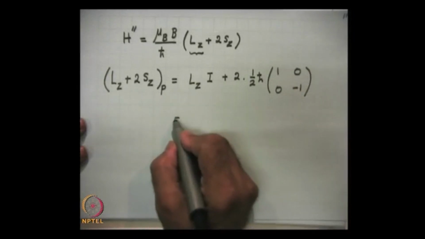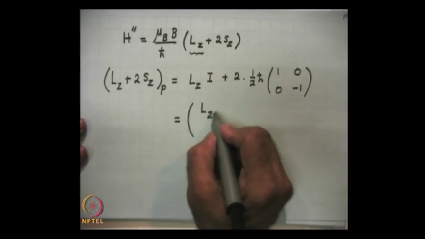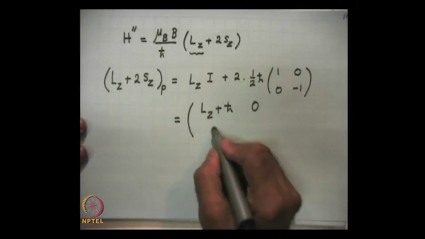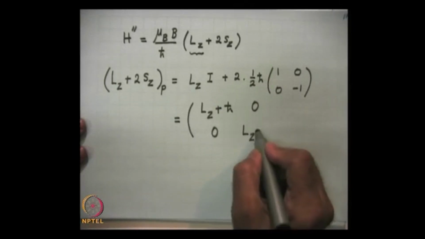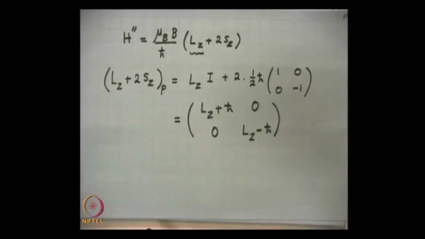This is a unit matrix. So, this will be the matrix with Lz plus h cross, 0, 0, Lz minus h cross.